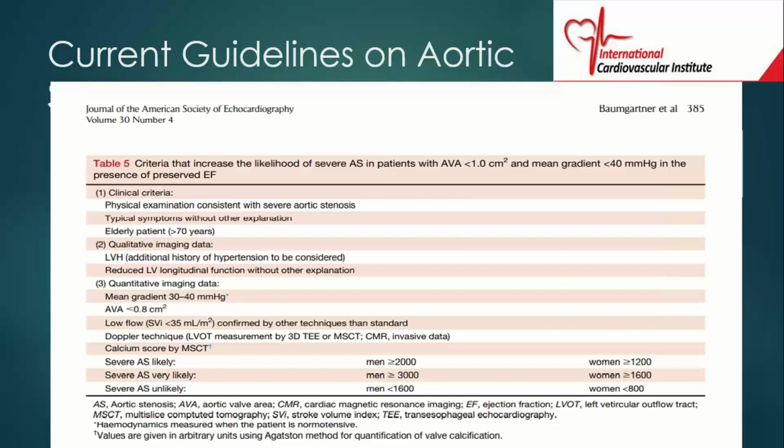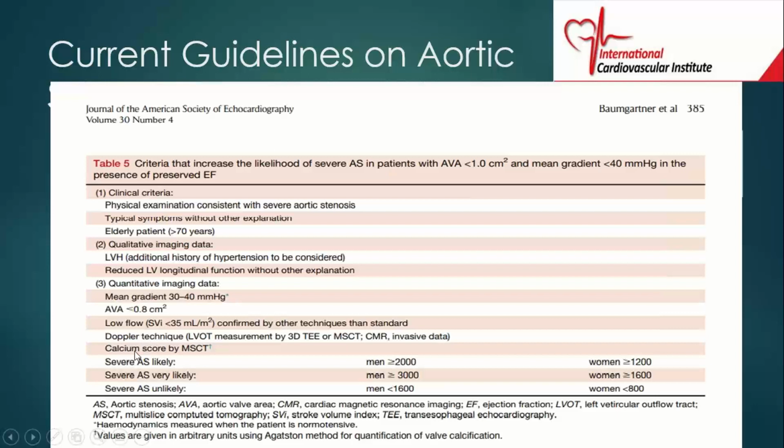Okay, so these are some additional things, because when the patient comes to the lab and you do all your calculations, you need additional information to help you say, yes, this is definitely severe aortic stenosis. Of course, some of that is physical examination. You have to examine the patient. Does the patient have symptoms? Is it an older patient? If the patient has symptoms and is older, then it may be severe aortic stenosis.